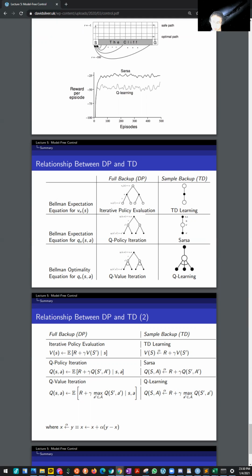And from this Q policy iteration, if we apply the sample backup, it's what we know as SARSA, which is the state, action, reward, and next state, action, calculating the Q value function based on that after sampling. And the last category is the Bellman optimality equation for the Q star.